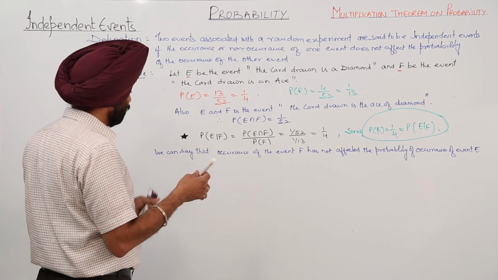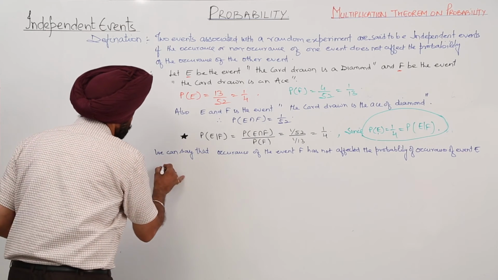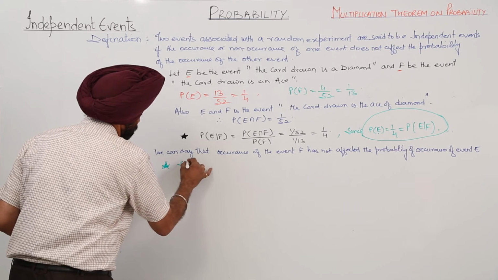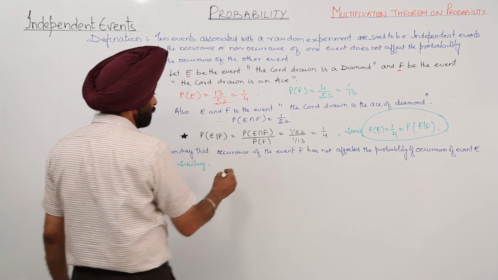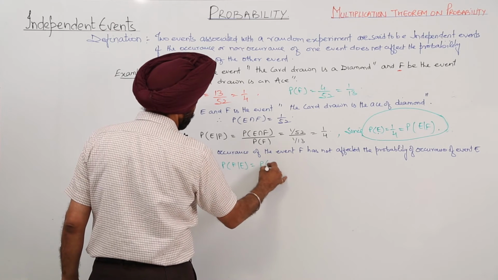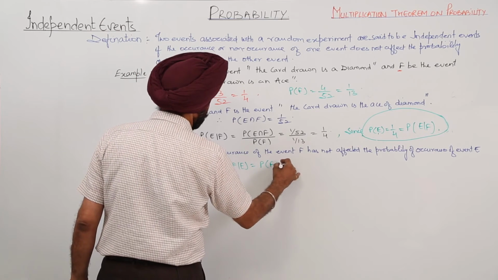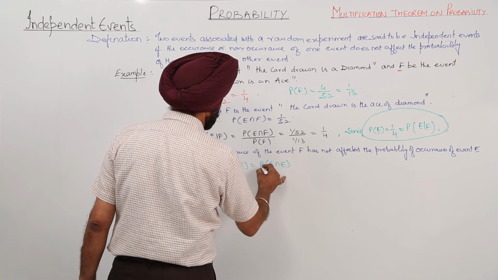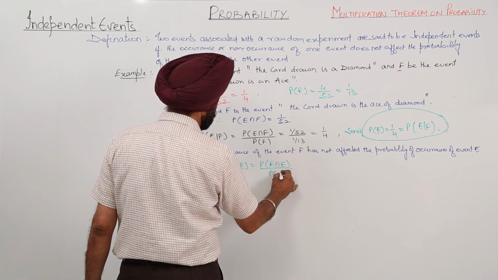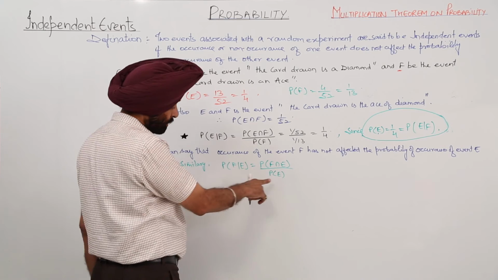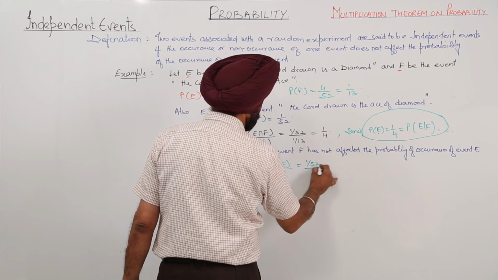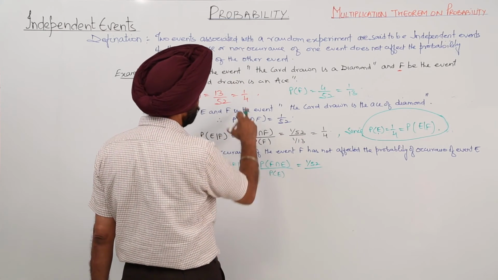Now similarly we can have one more case. Can we write P(F oblique E)? This will be the probability for F and E, or we can write E and F, upon the probability for E. Now again this becomes 1 upon 52 upon 1 upon 4.